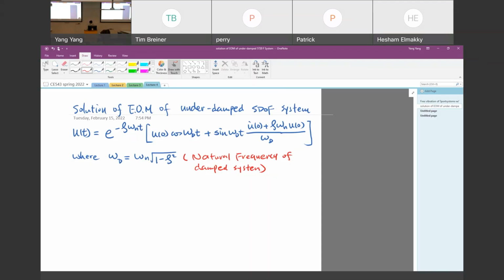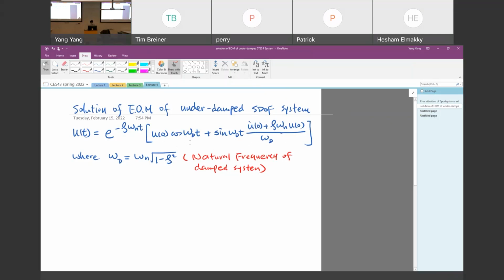So basically, let's take a look at the form of this expression here. In the parentheses, we have the initial displacement times cosine omega d t, plus sine omega d t times a term related to the initial velocity as well as the initial displacement.